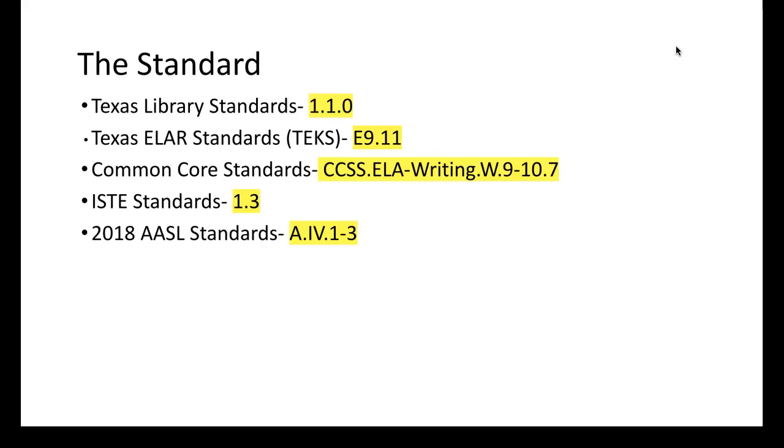So, each of these standards aligns with this lesson in the way that we are going to be talking about how we can use the Big Six research model in order to curate resources, align them with our purpose, pull relevant information, and create a final product from what we've researched or what is relevant to what we're researching.